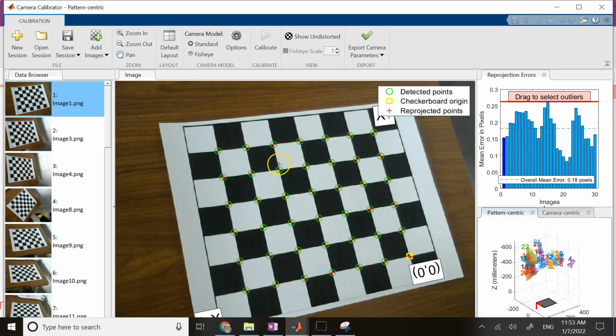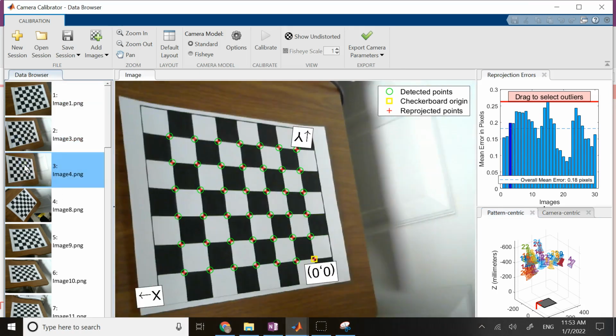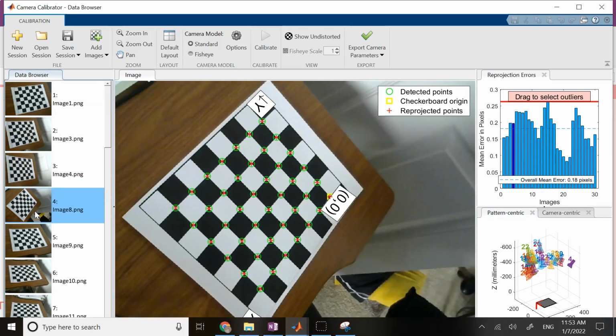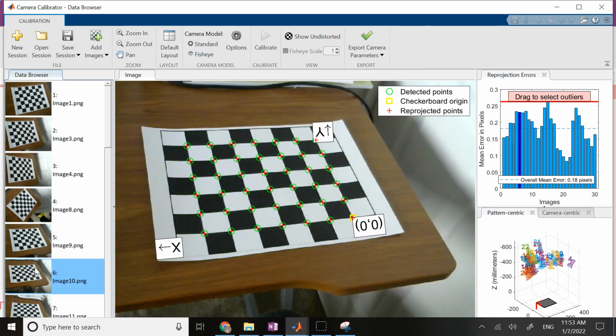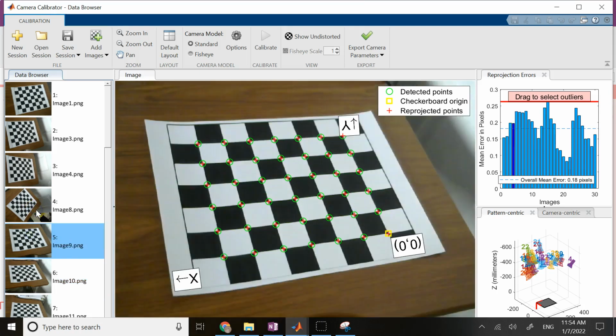But if you see a red cross falls outside the green circle, it means there is a mismatch, some pixel error. And if the pixel error is big, it means the distortions were not calculated, the calibration was not done properly, and that's a red flag. Another thing I want you to make sure of is that this yellow square, the origin, is at the same location in each and every one of the images.